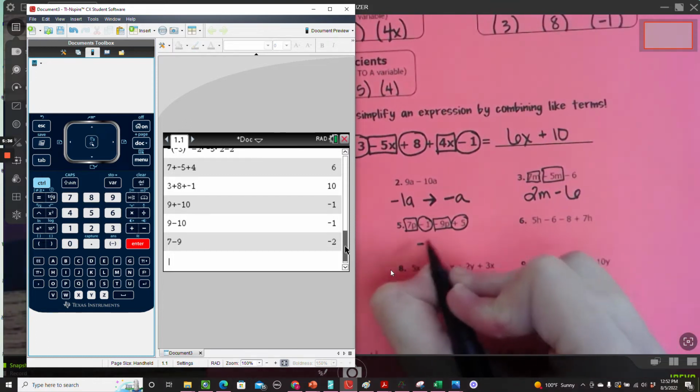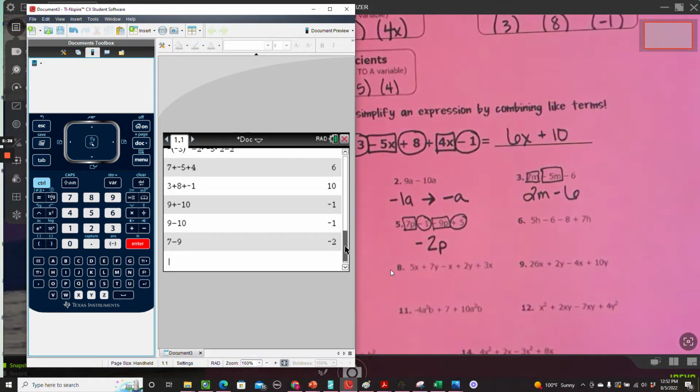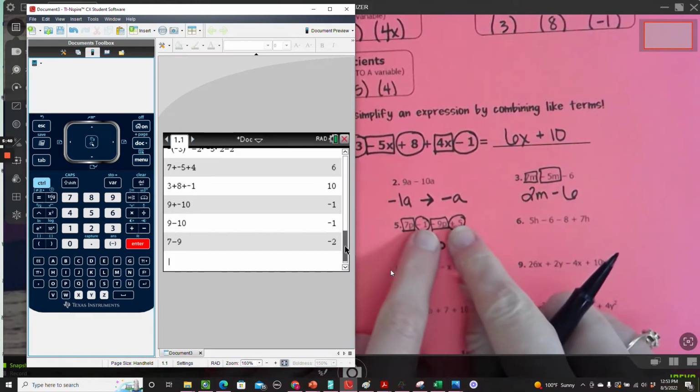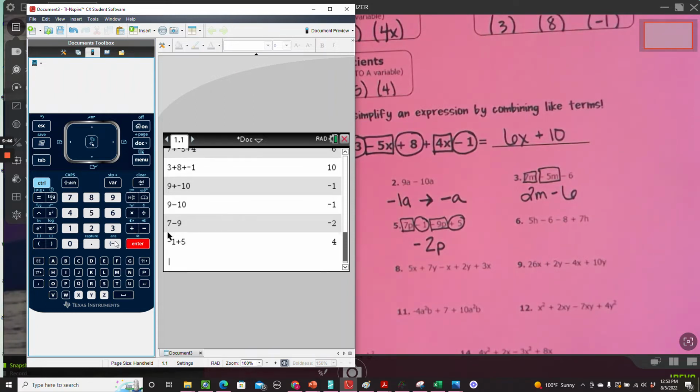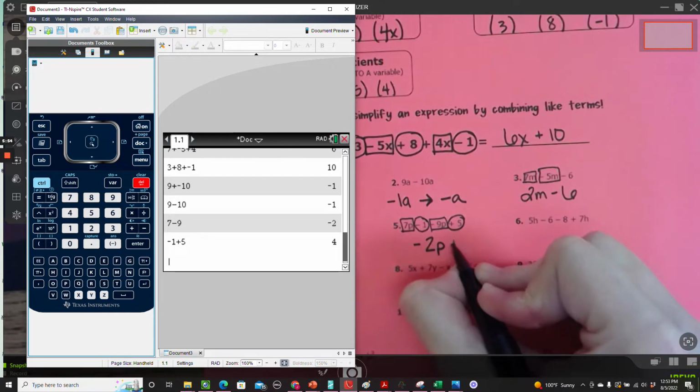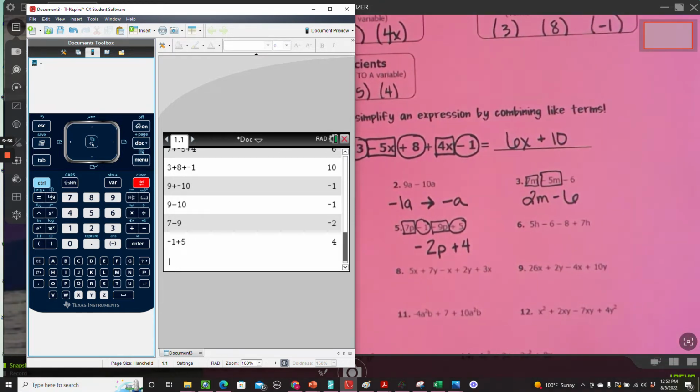So here I get a negative 2, tack the variable onto the end. Then I have my constants, negative 1 plus 5. Negative 1 plus 5. So make sure that you don't do minus. You can see here that it pulls up an answer because there needs to be something in front of a subtraction sign. So I get a positive 4.